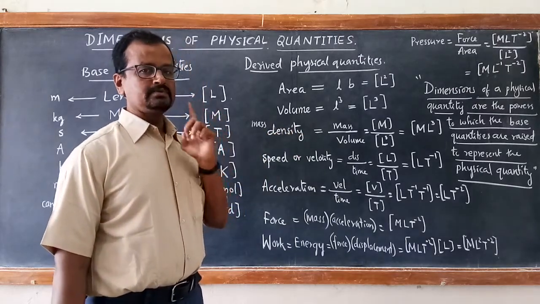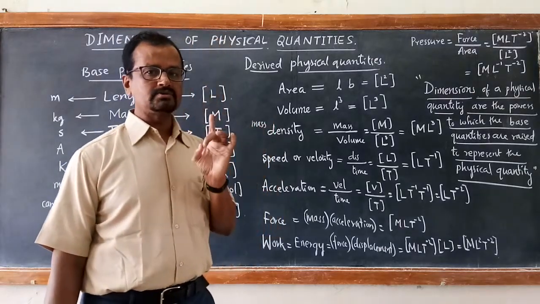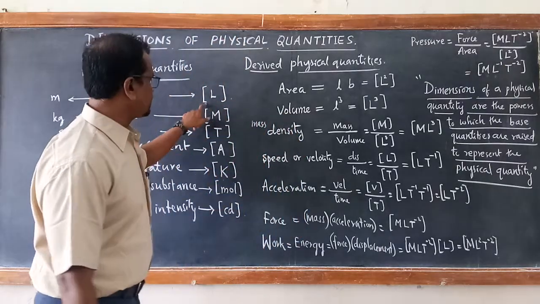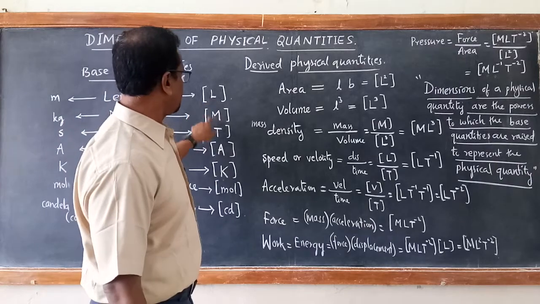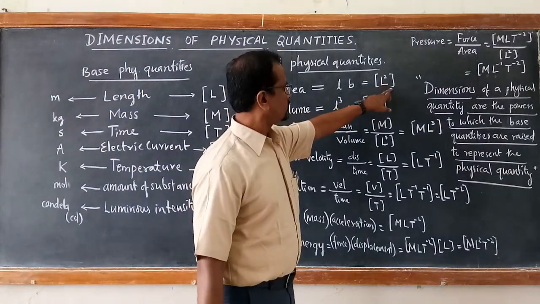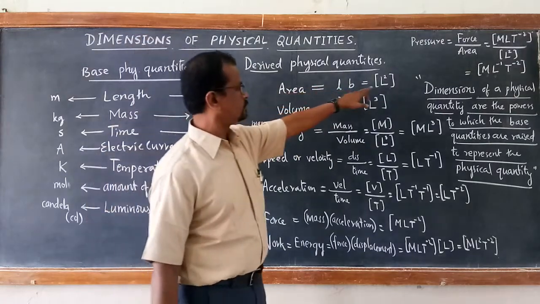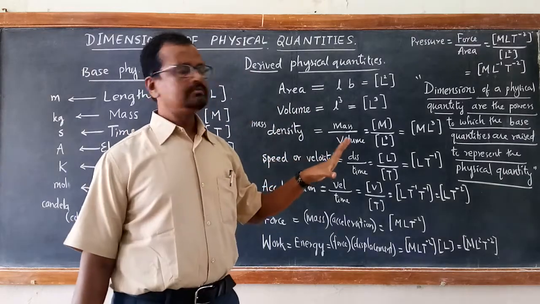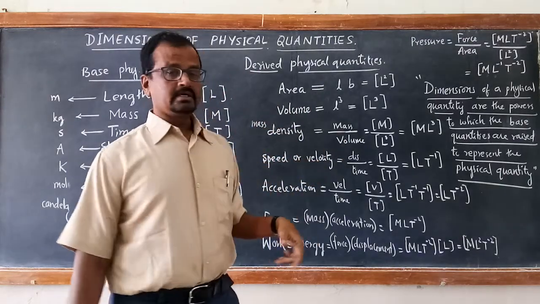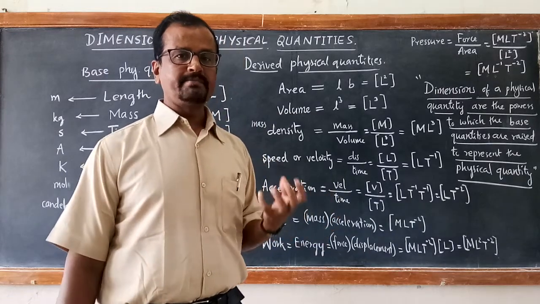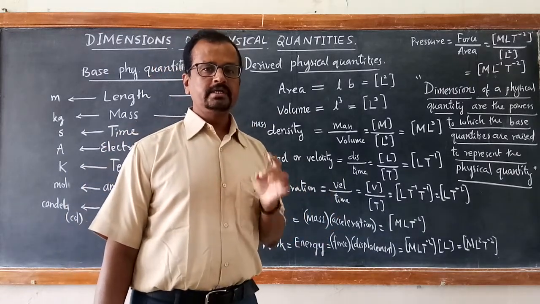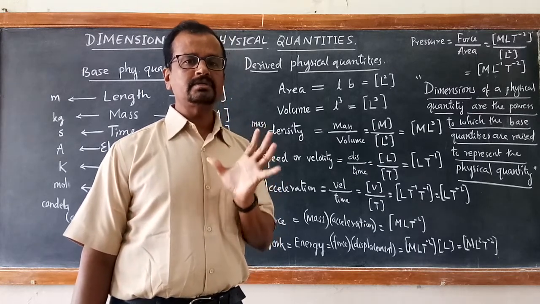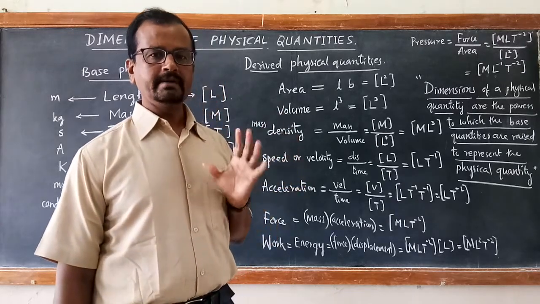These are expressed in terms of base quantities and their dimensions L, M, T. You can see here L raised to 2, it means the dimension of mass here is 0, and the dimension of time here is 0. So when such derived physical quantities are expressed in mechanics, they are expressed in terms of dimensions of length, mass and time, and that becomes the dimensions of a physical quantity in mechanics.